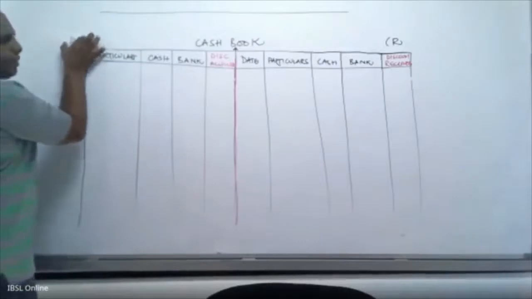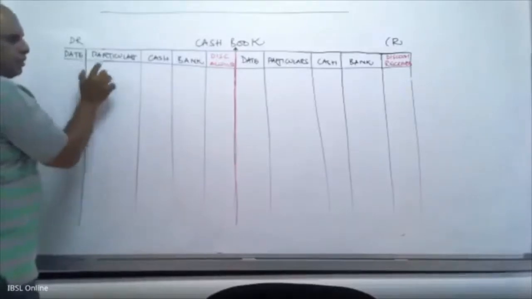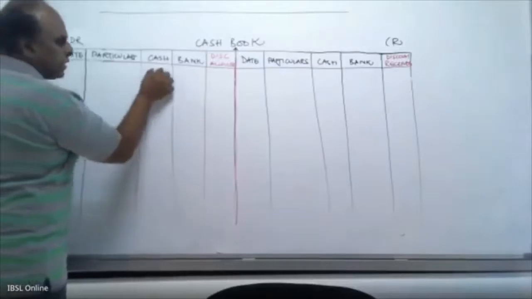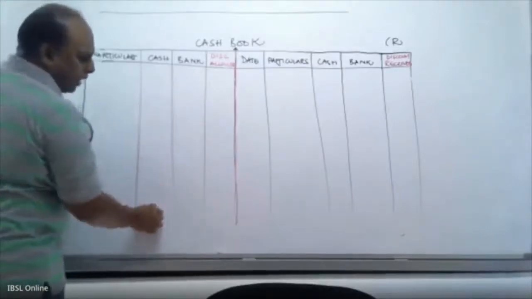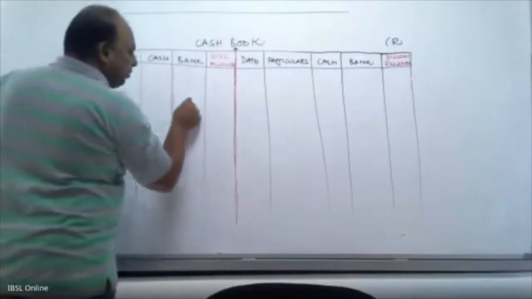What are the other columns relating to the cash flow? So here you have a debit side. The columns are date of the transaction, the particulars of the transaction, whether it is a transaction that happened in the form of cash, or it relates to your bank account. Now here comes an important factor.